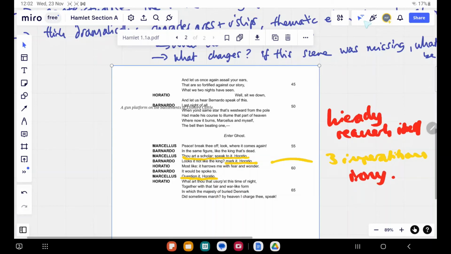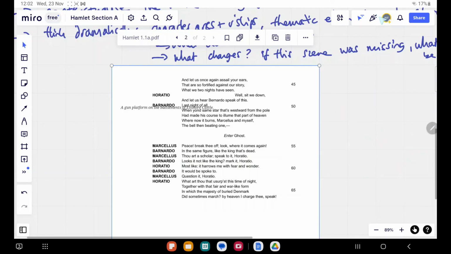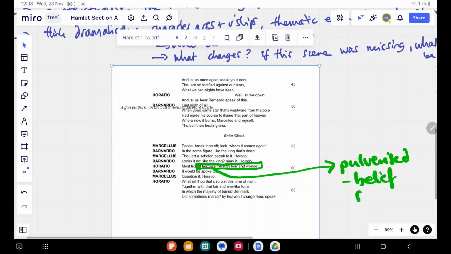Now, a really good thing to analyse here would be this bit: "It harrows me with fear and wonder." Now, harrows is a word more linked to agriculture and breaking up the soil. It's an agricultural tool, but here it's like his soul is being pulverized, and really it's not his soul but his whole belief system, isn't it?